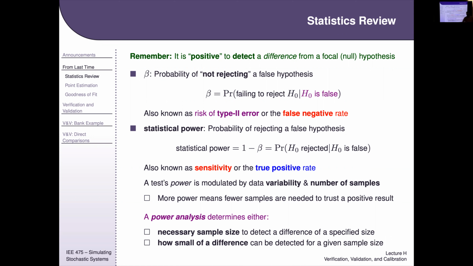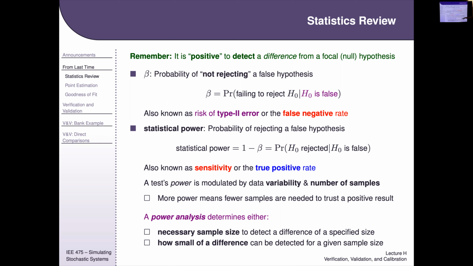Because once you take the first sample, you pretty much can make an inference where you know what the rest of the samples are going to be. But if there's a lot of variability, you have to take a lot of samples just to get an idea of what the average value is. So more variability means you've got to have more samples to get power, the less variability, you need less samples to get the same power.